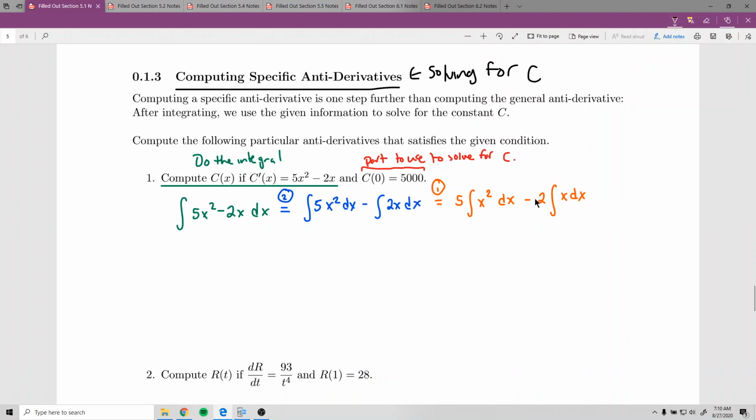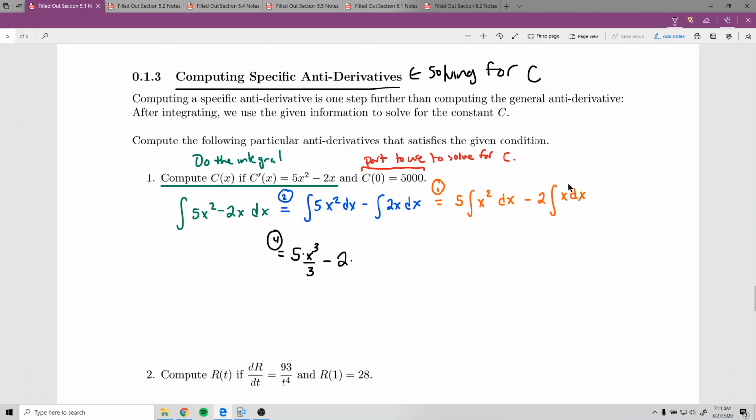And now we have just powers of x inside. And there's not a special rule when x is to the 1 power. Like with derivatives, you just use the power rule. Let me label that as number 4 here for our power rule. When we integrate x squared, we get x cubed over 3, minus 2.